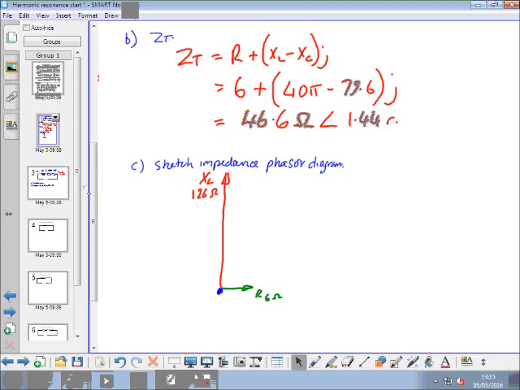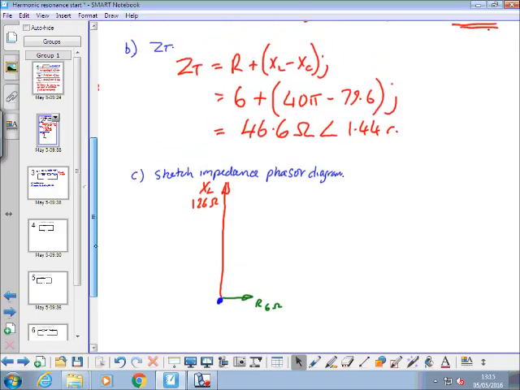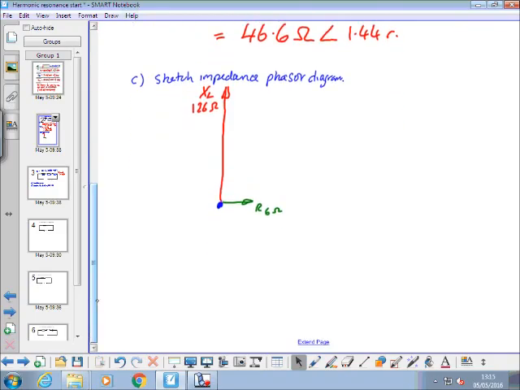Which way is XC? Down. 79.6, so it's a little over half of that downwards, in the negative J direction. Then what you want to show is the overall reactance X, that's the bit inside the brackets.